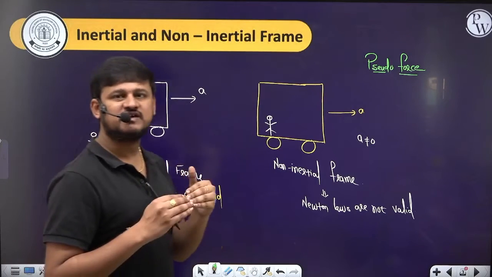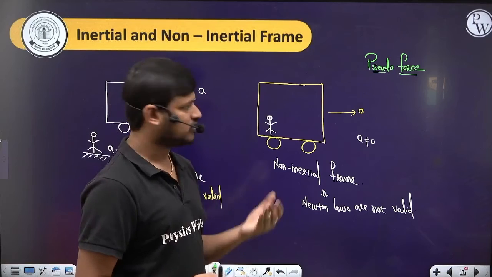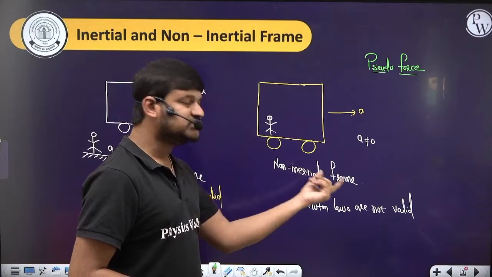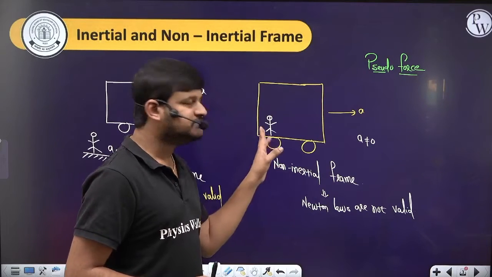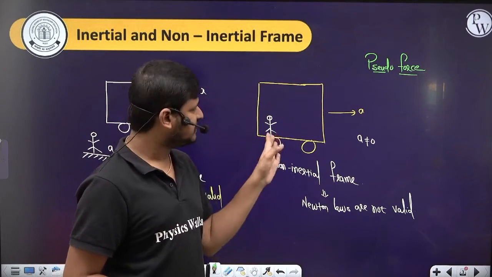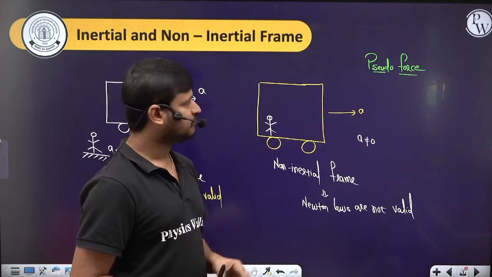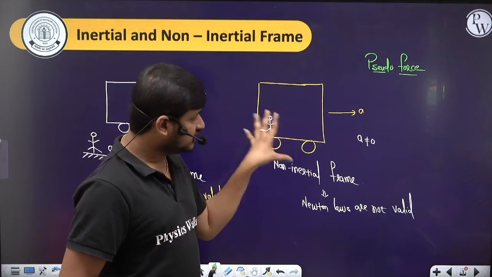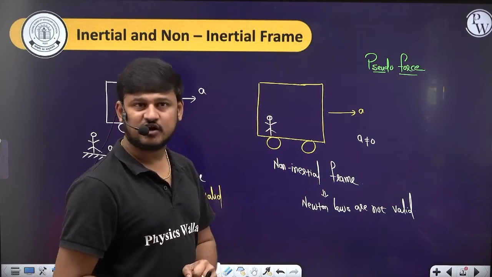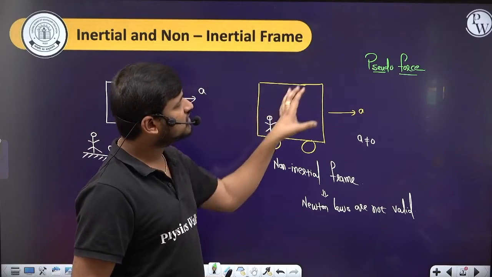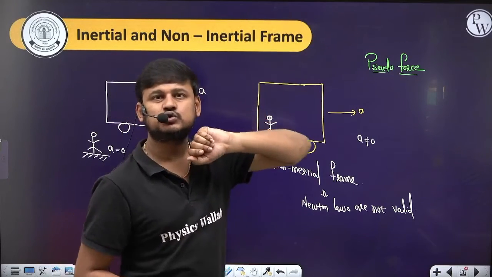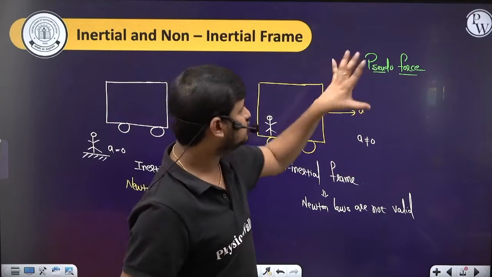If the observer is inside the frame, such frames are called non-inertial frames, where the observer will have the same acceleration as the trolley. In such cases Newton's laws are not valid, so to make them valid, we apply the pseudo force.